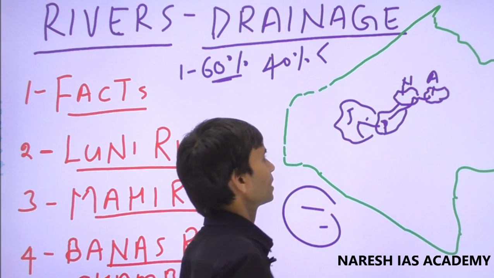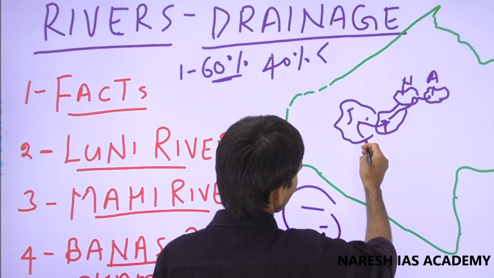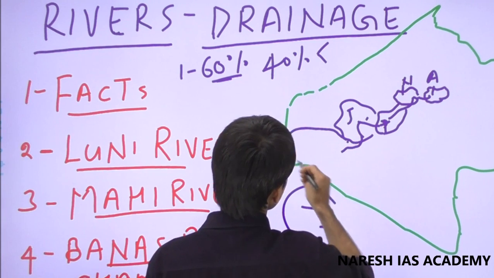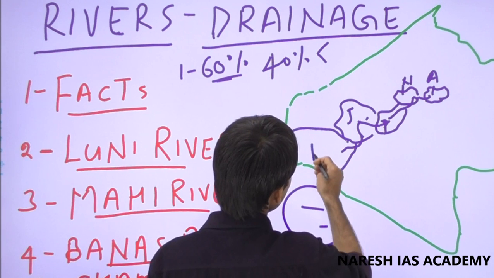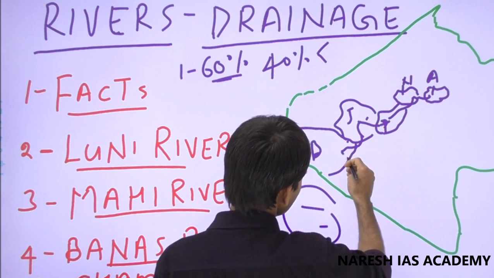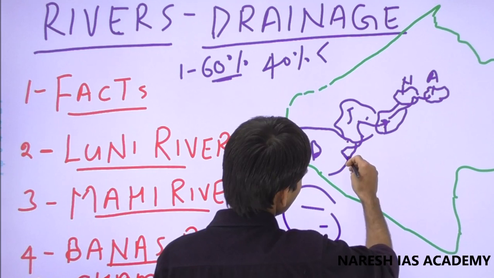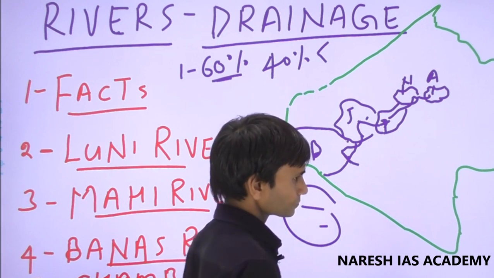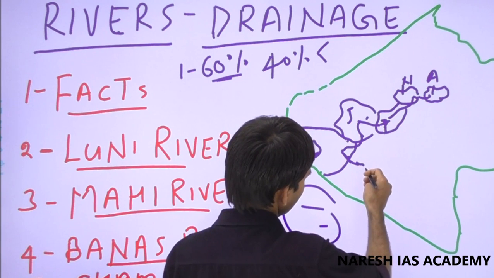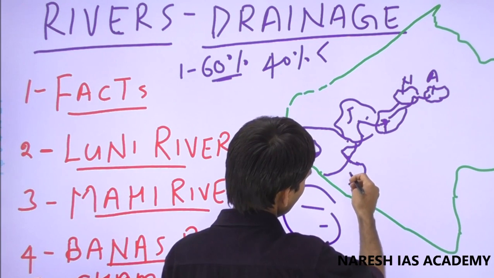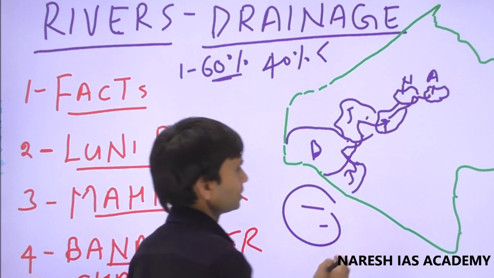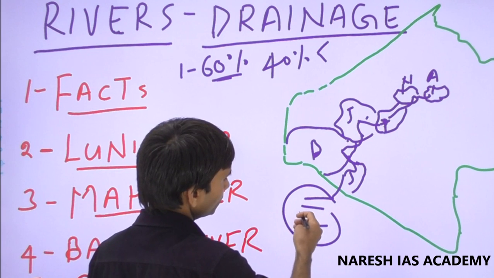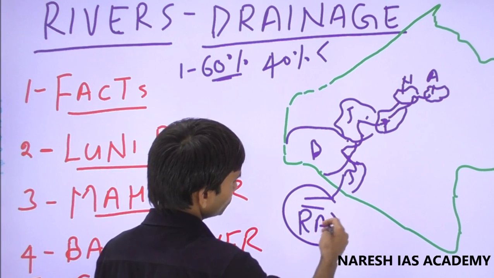This is the geographical boundary of Jodhpur district, and then it enters into the boundary of Barmer district. This is the geographical boundary of the Barmer district, and finally it comes out from Barmer and enters into Jalore district, and this is the boundary of Jalore district, and from Jalore it enters into Gujarat, and this is the Run of Kutch.